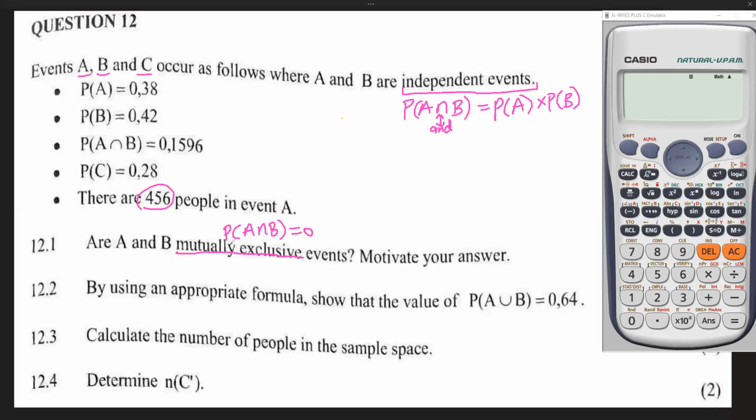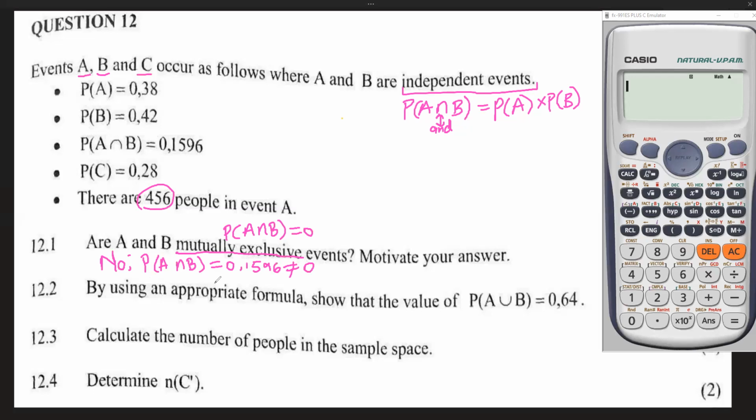Therefore, these events are not mutually exclusive. So your answer will be no, right? Your reason is going to be P(A and B) is equal to 0.1596, which is not equal to 0. Does that make sense? Perfect. And then we're fine with that.